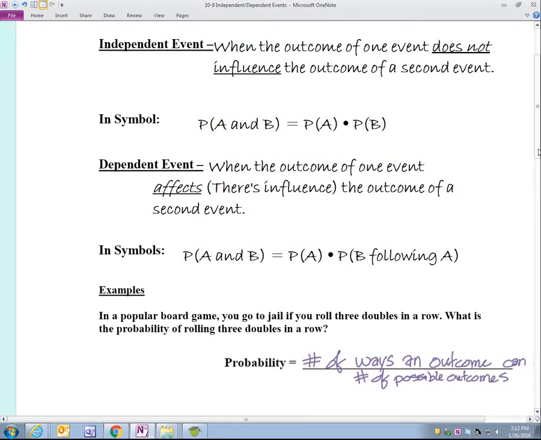For example, if the Panthers didn't win on Sunday, their probability of going to the Super Bowl, let alone winning, would be 0. Am I right? So that would be a dependent variable. You had to win the conference title in order to get to the Super Bowl.